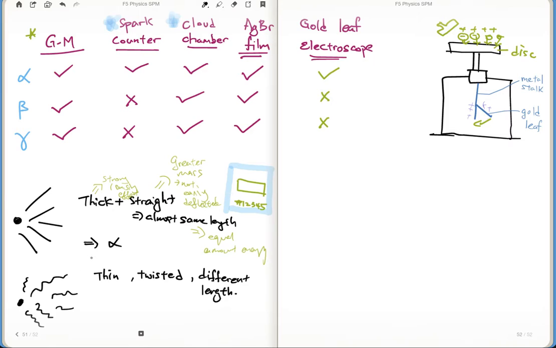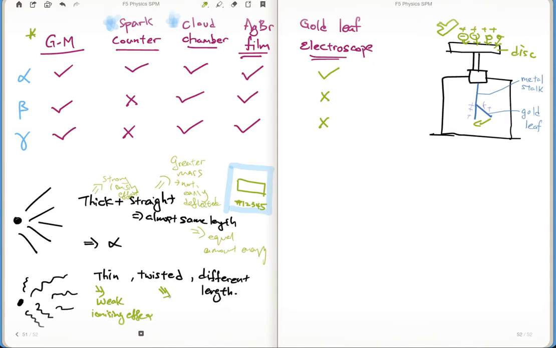The ionizing effect of the particle is weak, because the track is thin. This is weak ionizing effect. Why is it twisted?